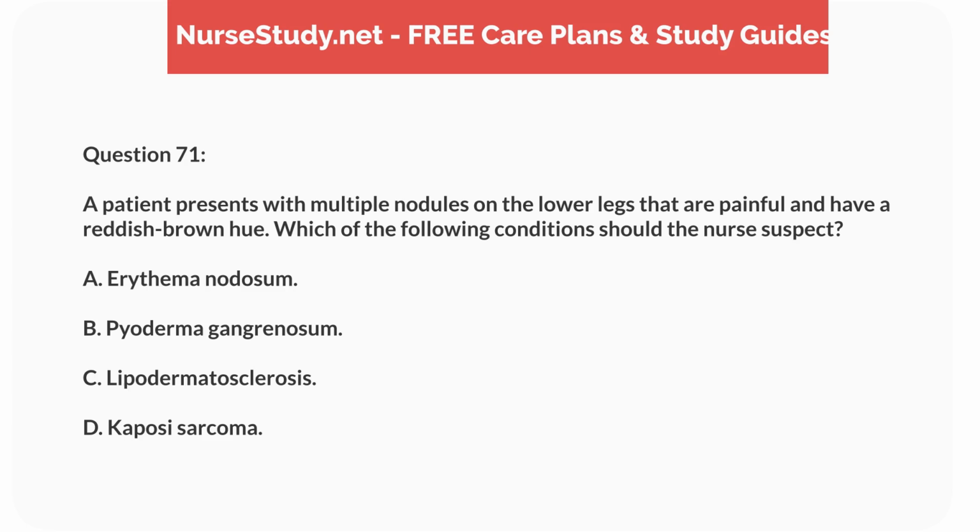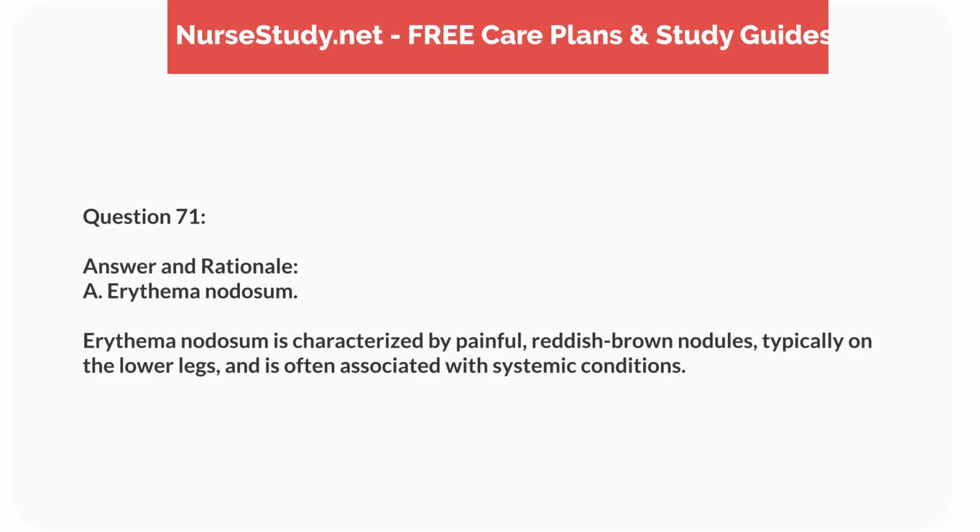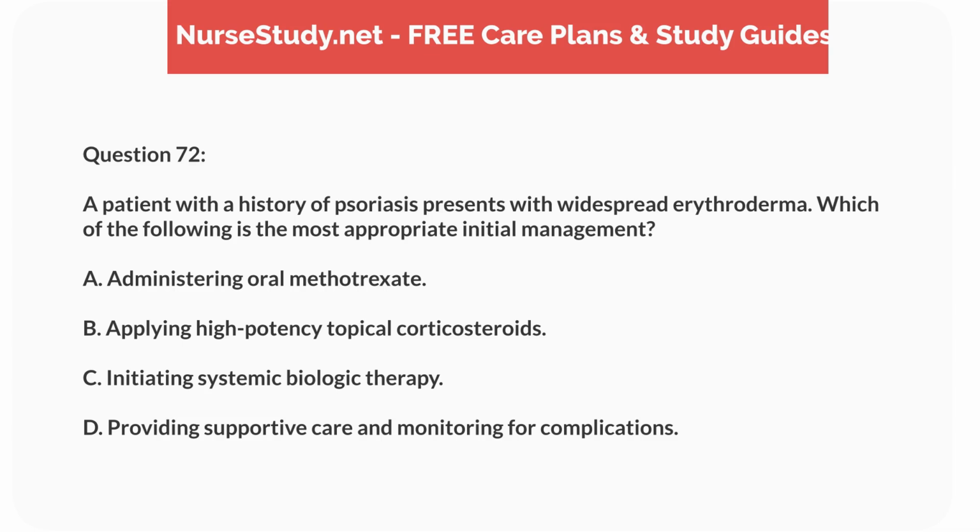C. Lipodermatosclerosis. D. Kaposi sarcoma. Answer and rationale. A. Erythema nodosum. Erythema nodosum is characterized by painful, reddish-brown nodules, typically on the lower legs, and is often associated with systemic conditions.